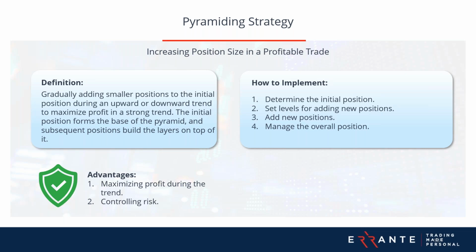And the next advantage of that is starting with a smaller initial position and gradually increasing exposure helps you maintain control over your risk. Each new position has its own stop loss, reducing the likelihood of significant losses from any single reversal. This structured approach to scaling into trades ensures that your risk remains manageable even as you increase your exposure.